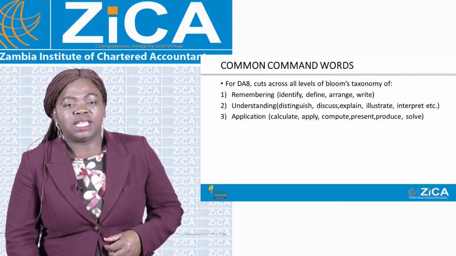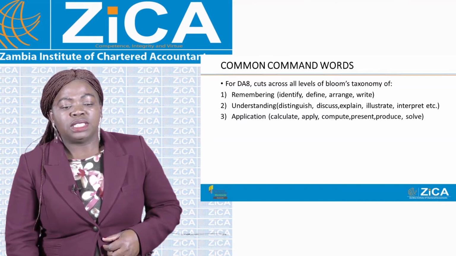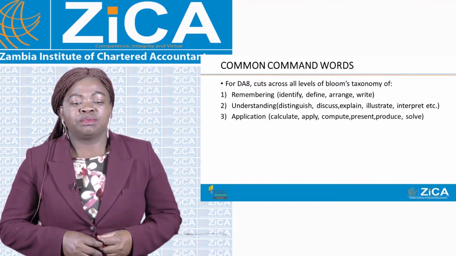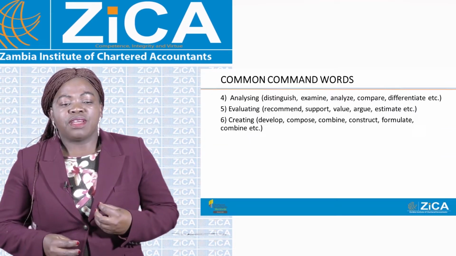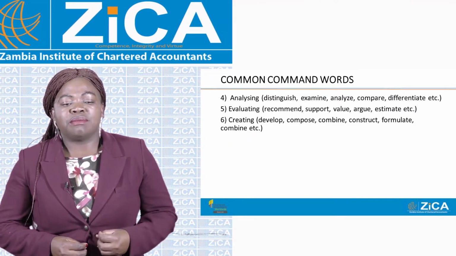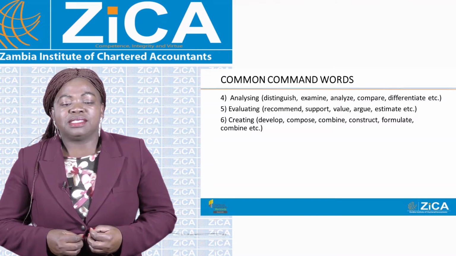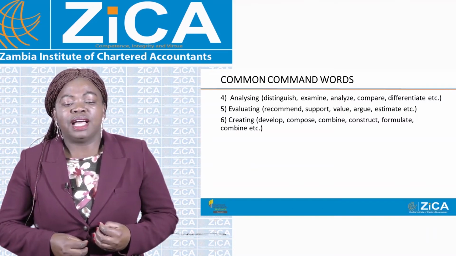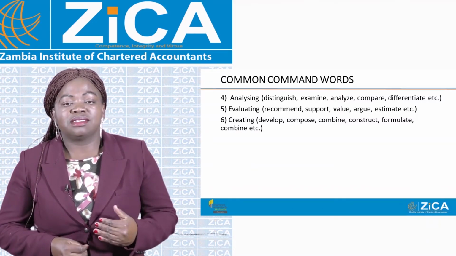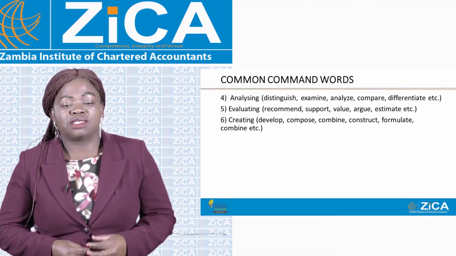So a lot of questions in this paper will come from level 2, which is understanding, as well as application. In very few cases, you may have something coming from analyzing, evaluating, and creating, which are the last 3 levels of Bloom's taxonomy.